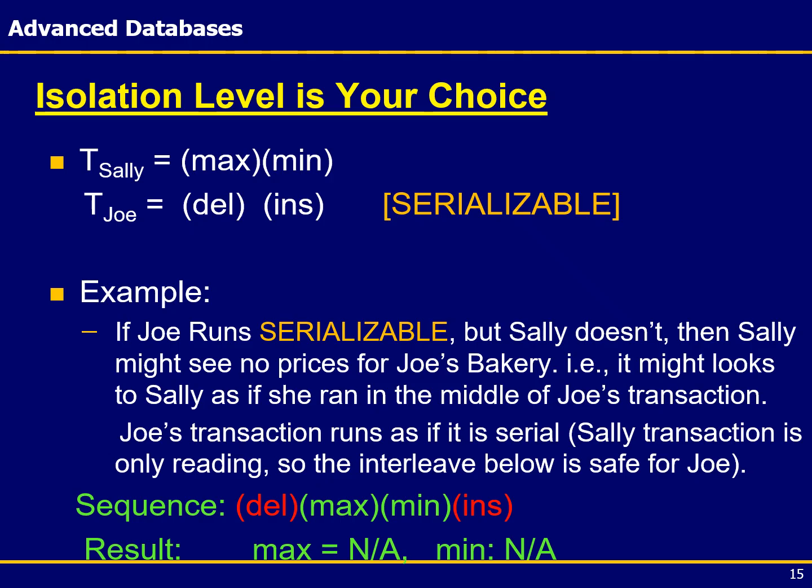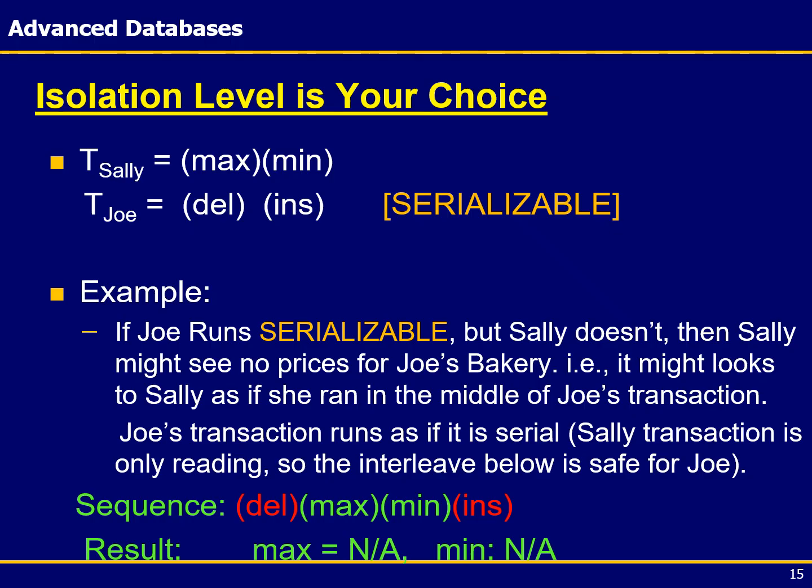But if you look down there, she's not running before or after him. She's running in the middle, because we didn't say that her transaction is serializable. We said his transaction is serializable. Okay? Now, since she's doing a read, because her statements are all selects, she can run in the middle.